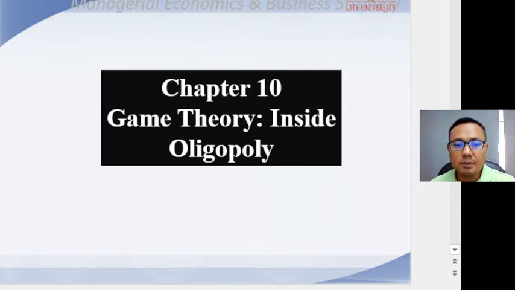The basic tool we will use to examine this issue is game theory. Game theory is a very useful tool for managers. In fact, we will see that game theory can be used to analyze decisions within a firm, such as those related to monitoring and bargaining with workers, right?